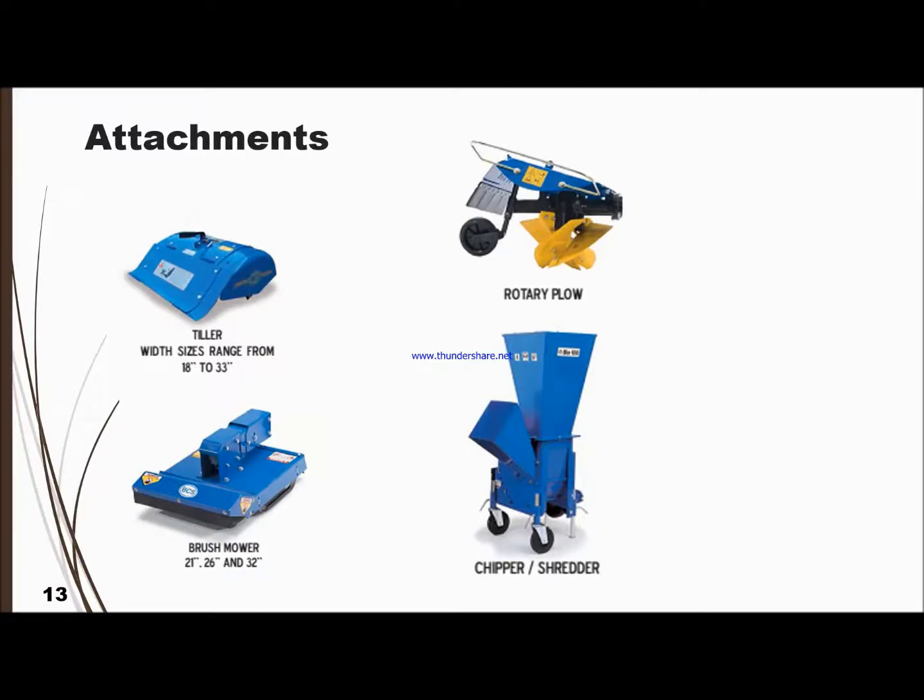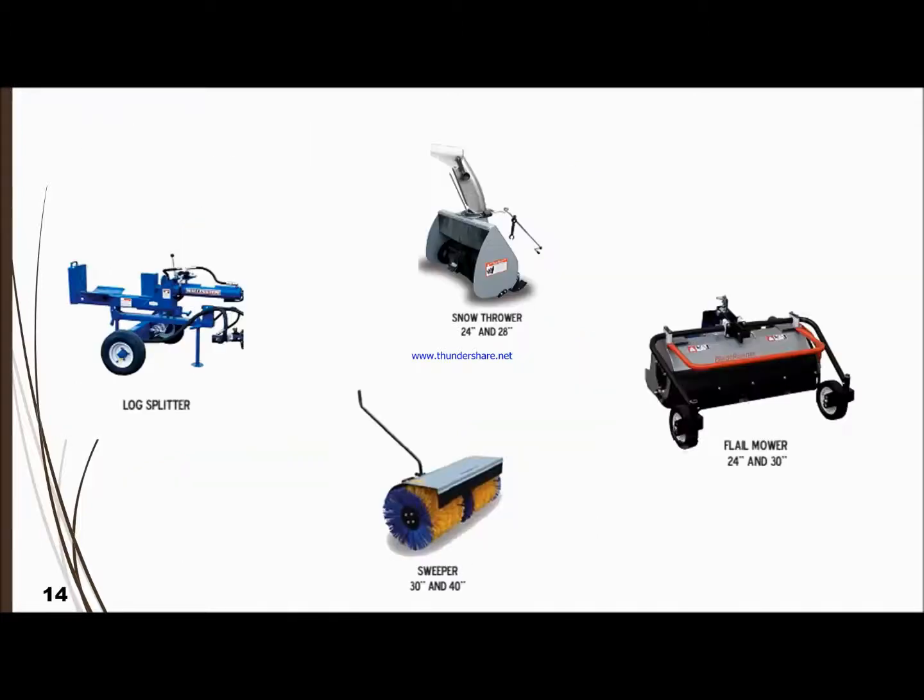And this is an example of the attachments that can be attached to the power tiller. For example, the rotary machine, power tiller, rotavator, rotary plow, brush mover, and chipper. For the chipper, normally we attach the belt system.